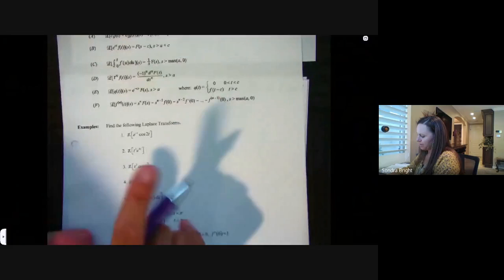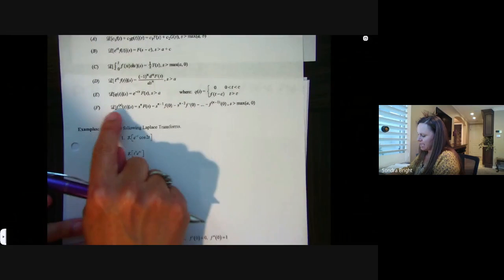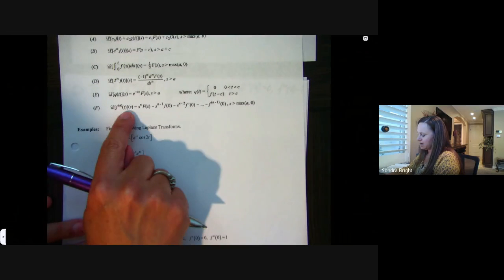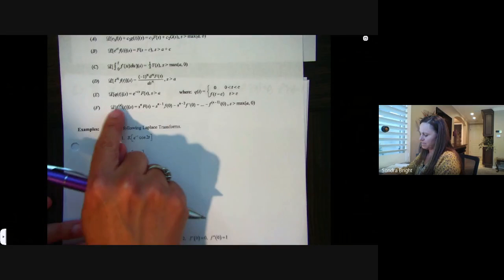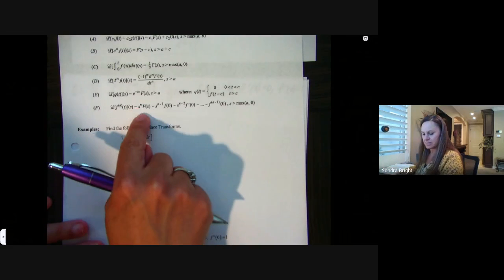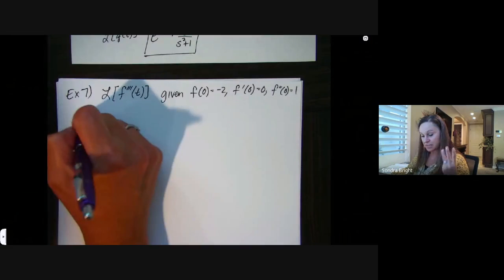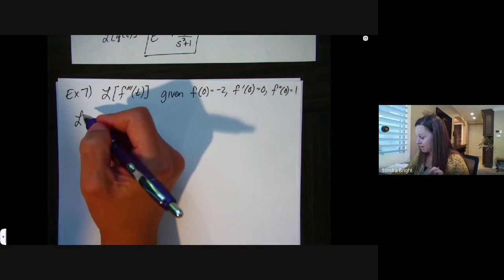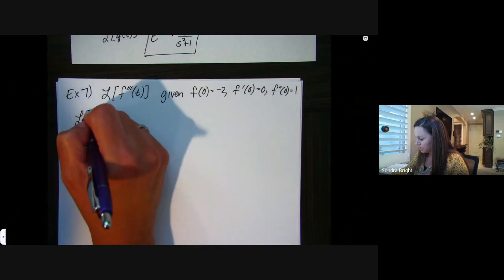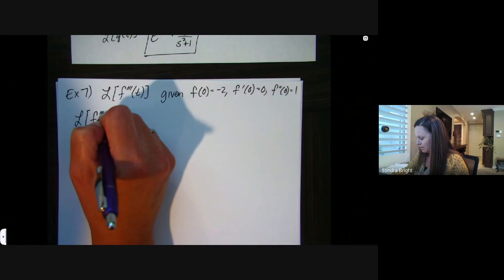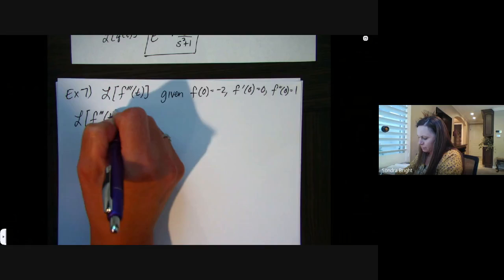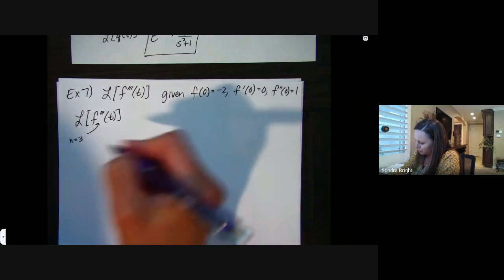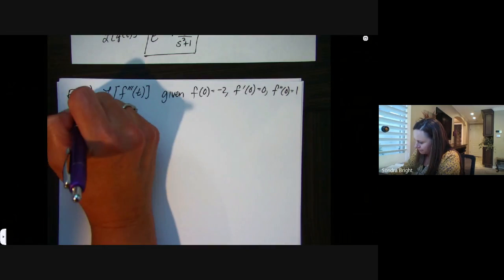Property f says if it's the nth derivative of f of t, then you'll start off with s to the n times big F of s. So that means n is 3 here, plugging it into property f.